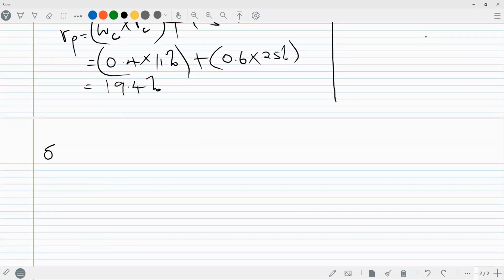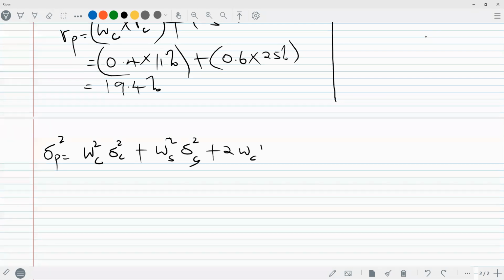Okay, the risk of the portfolio is given as: variance is equal to weight of asset C squared times the variance of asset C, plus weight of asset S squared times the variance of asset S, plus 2 times weight of asset C, weight of asset S, covariance between C and S.